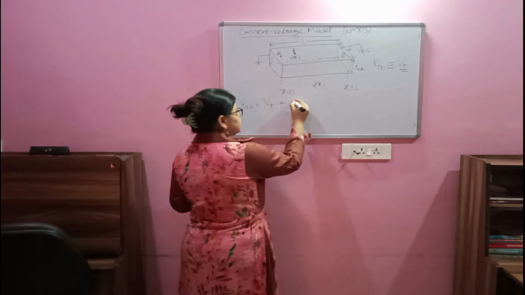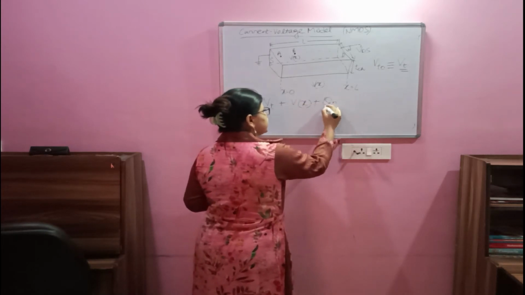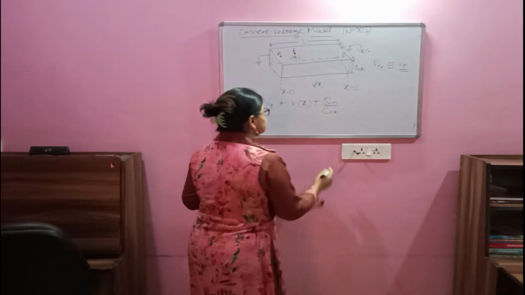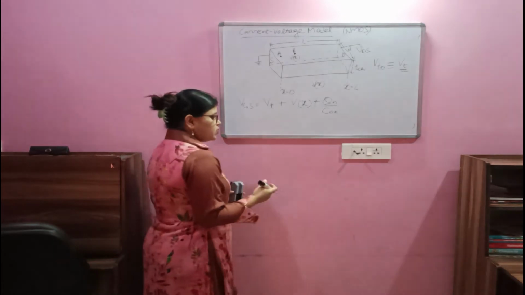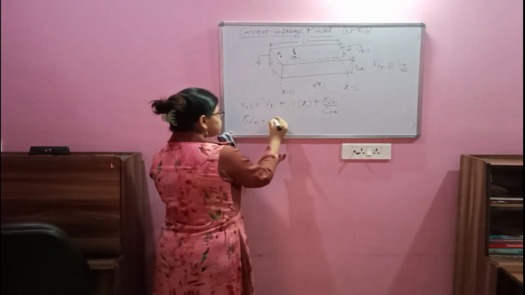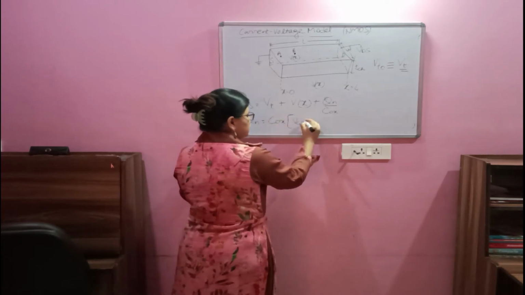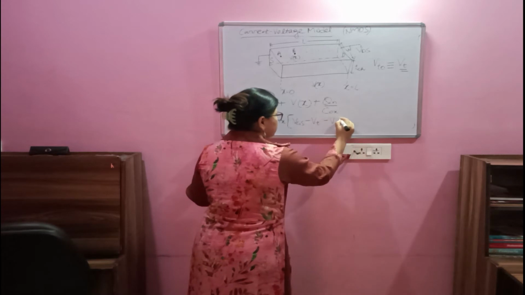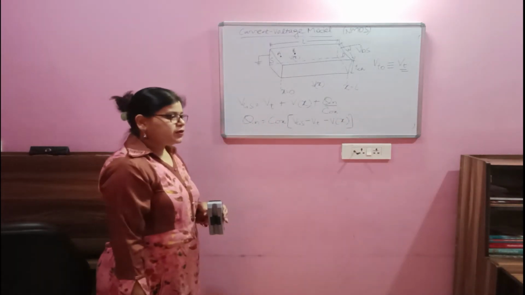Plus the term V of x which we have added, plus Qn by C oxide. So this is the VGS equation which we have just written. From this equation, we can write Qn as C oxide times VGS minus VT minus V of x.